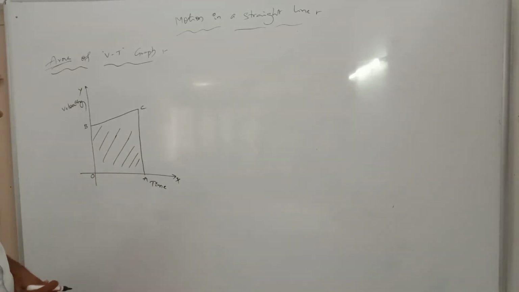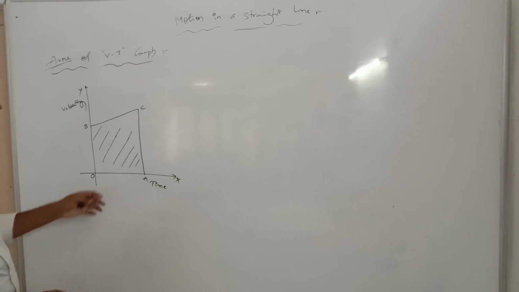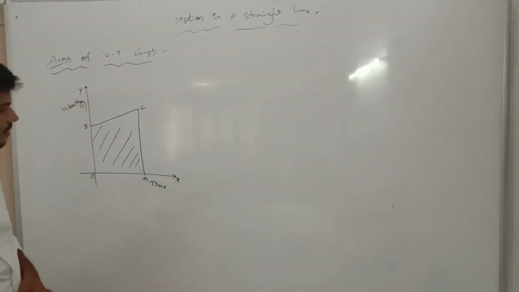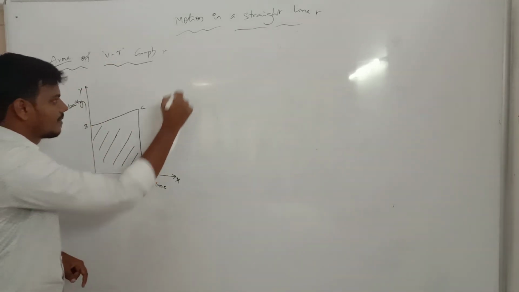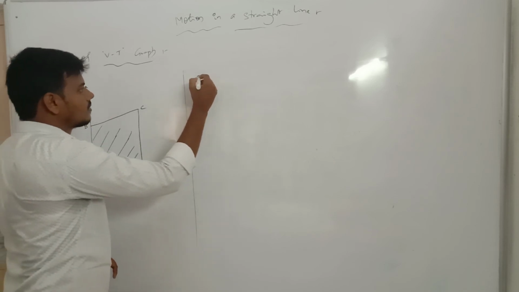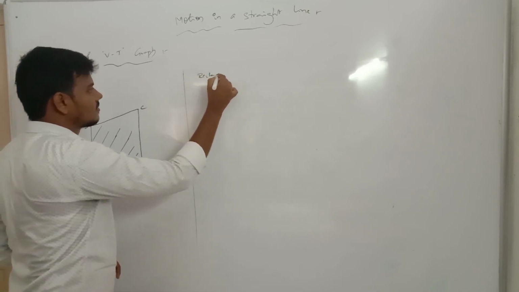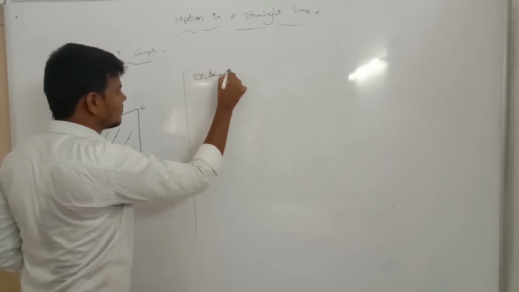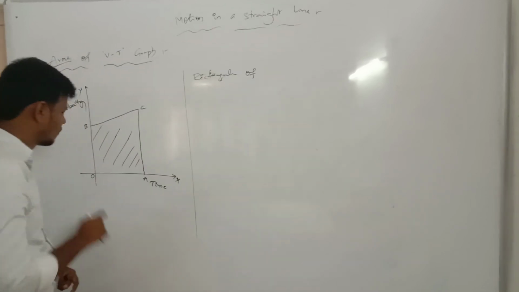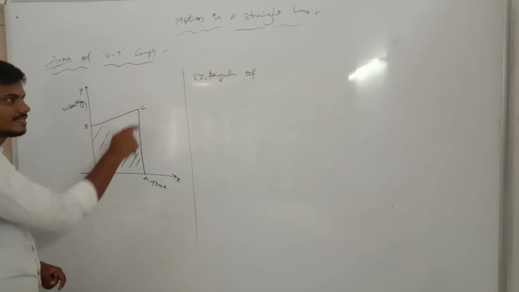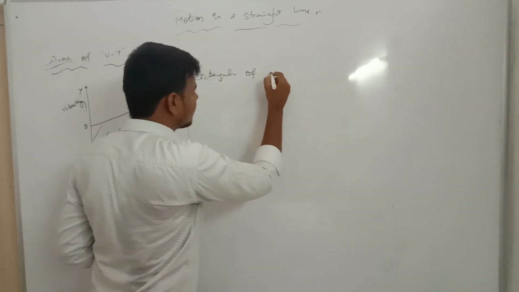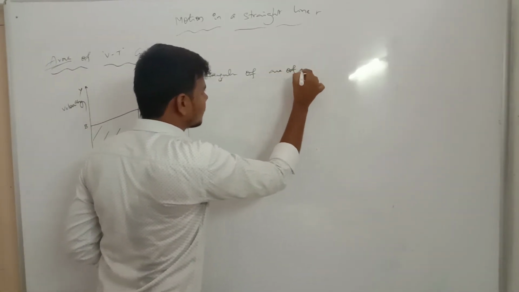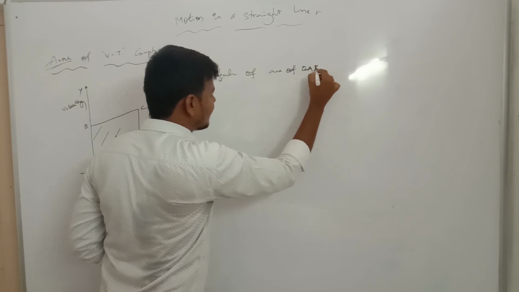Now the displacement will be calculated from velocity and time. Now this will be the rectangle O, A, B, C.